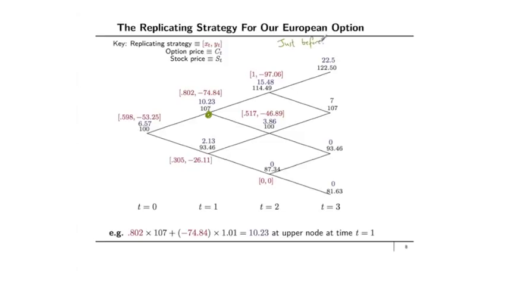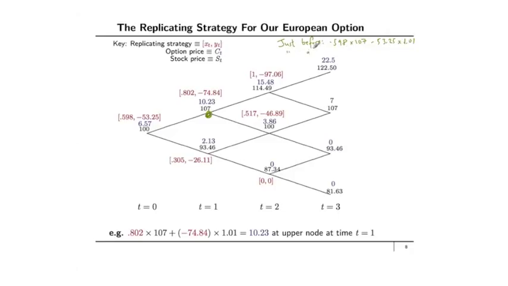Well, just before trading, we're holding 0.598 units of stock, and the stock is worth 107. And we are short, minus 53.25 times the cash account, which is worth 1.01 at that node. So this is the value of the portfolio just before trading at this node.